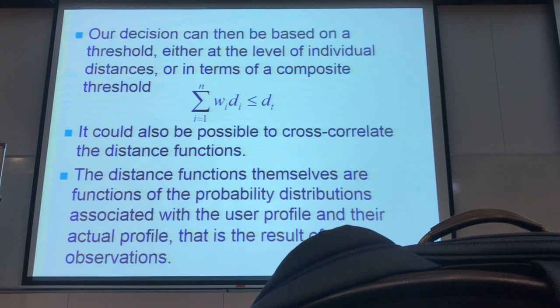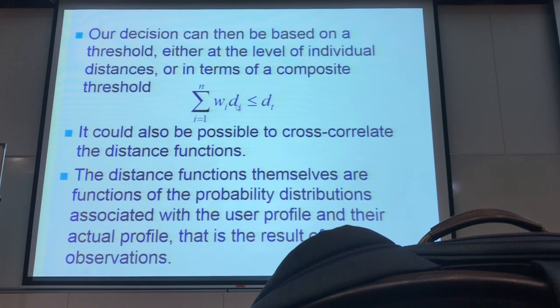To determine whether there is an intrusion or not, we may consider all the measurements together. Any question? Do you understand the previous slide? What is going on, right? Once you define the base profile and you collect the current activities and actions, then you can measure the distance.